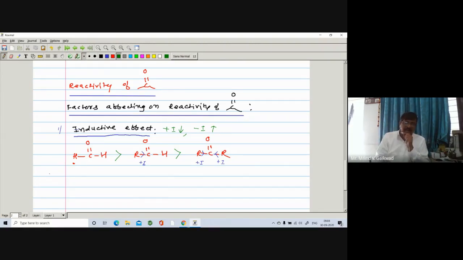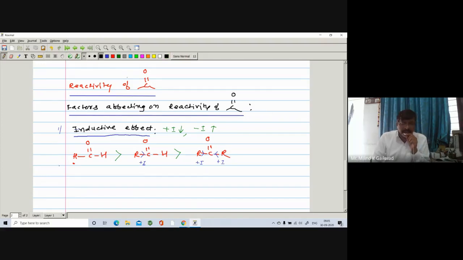Sometimes they may also ask why formaldehyde is more reactive than the aldehydes other than formaldehyde, or why aldehydes are more reactive than ketones. We can take an example for this one.